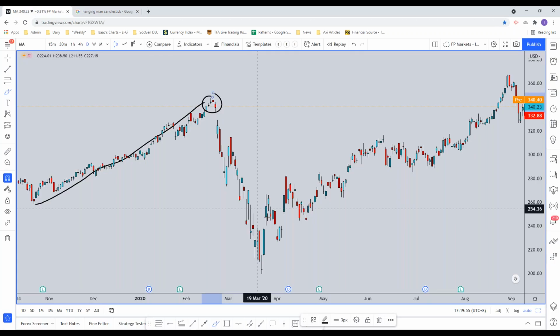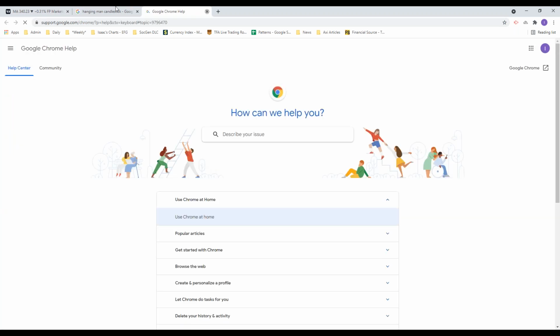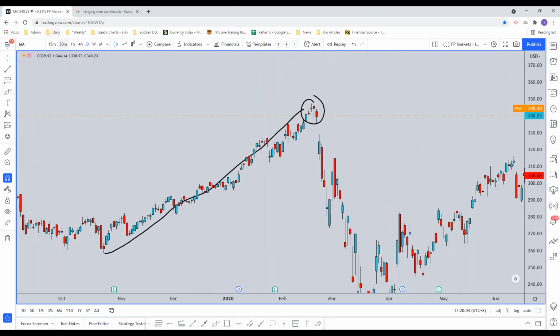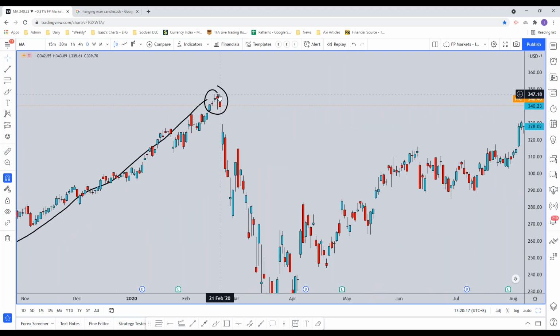If I were to zoom in over here for MasterCard, we can see very clearly on the daily that after price has done a very strong push higher, we have a hanging man, which is essentially a hammer pattern at the top of the trend. This is followed by the second session where price dropped lower, and then in the third session we had a very strong gap lower.